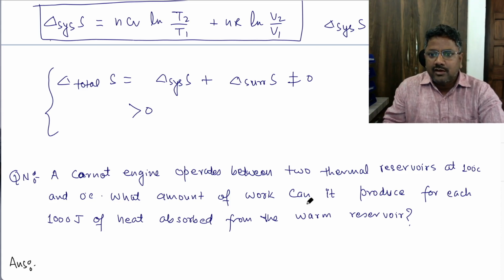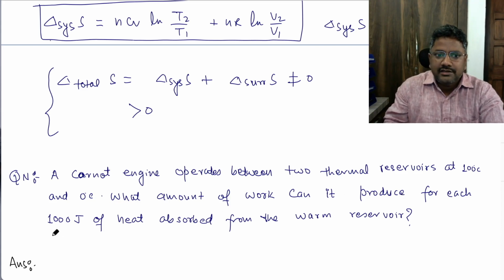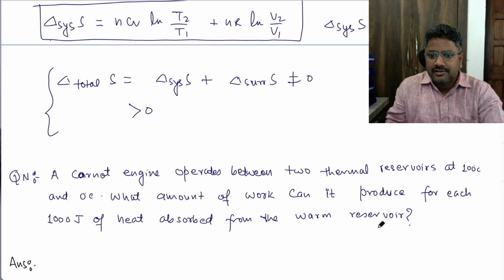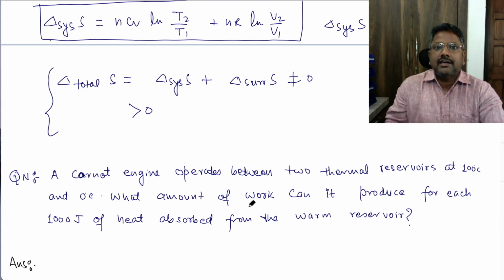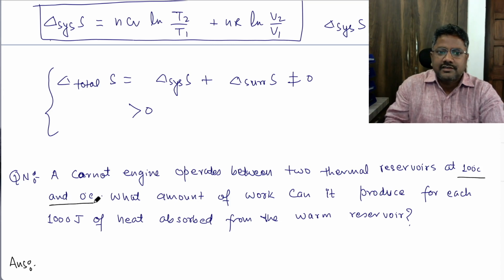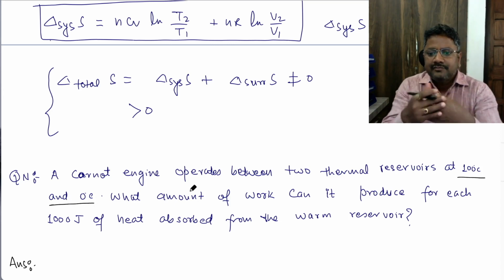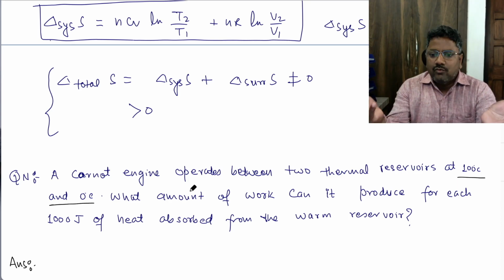What amount of work can it produce for each 1000 joules of heat absorbed from the warm reservoir? I think I have given you the direct formula for this. First, from the information, 100 degrees Celsius and 0 degrees Celsius, you have to calculate efficiency for this cycle, and by using that efficiency data, you can calculate work, right?